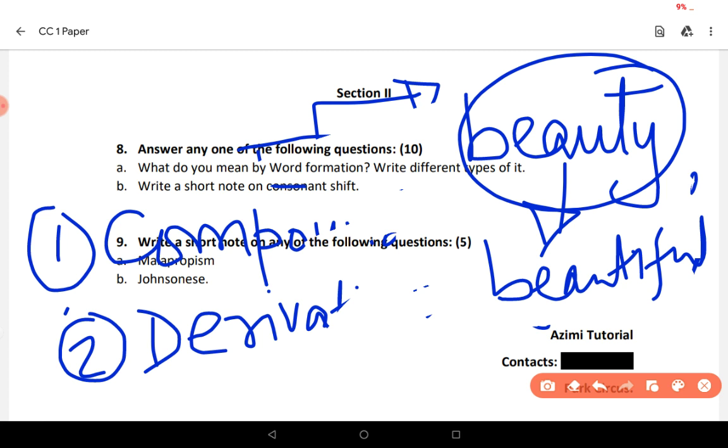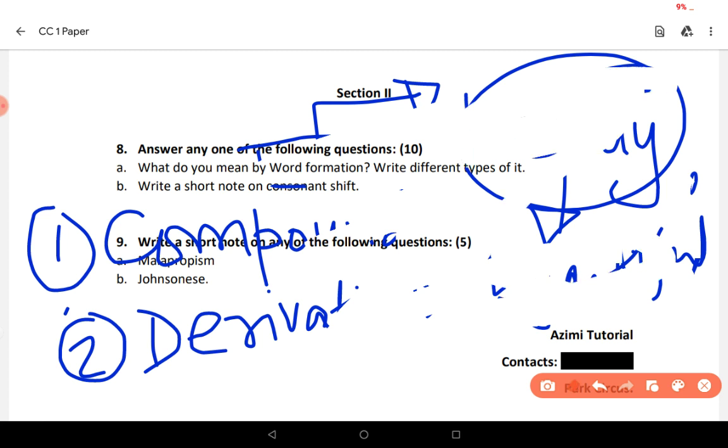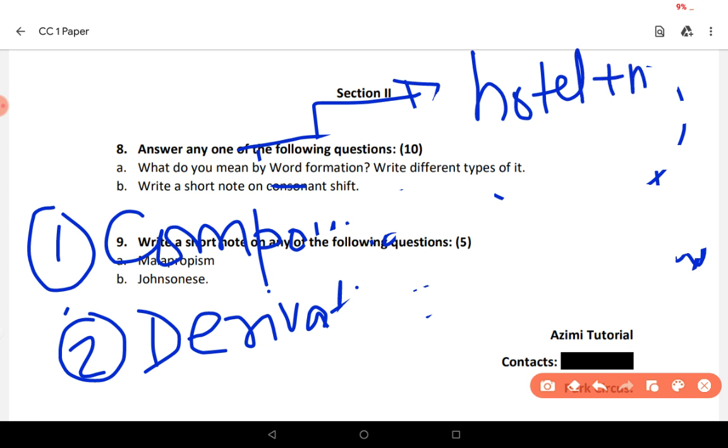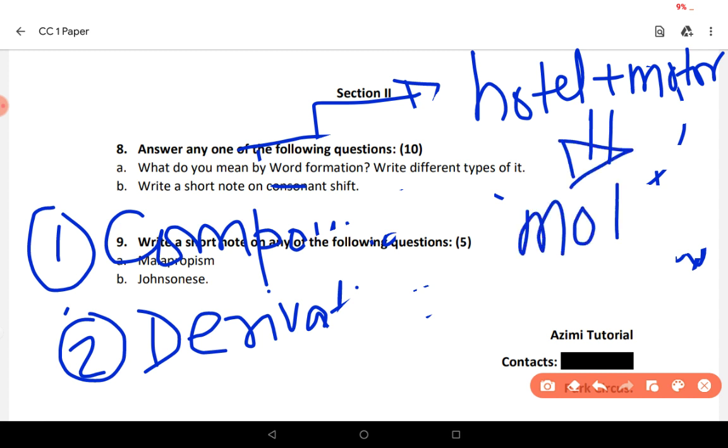So for example, hotel plus motor, okay, we get motel, a place which is like a hotel, to stay overnight.